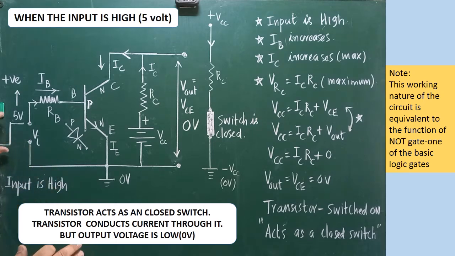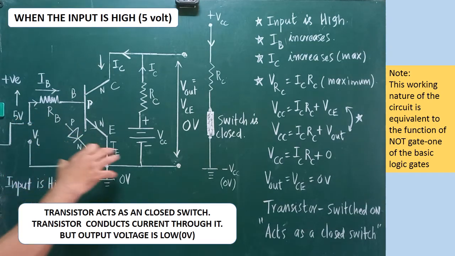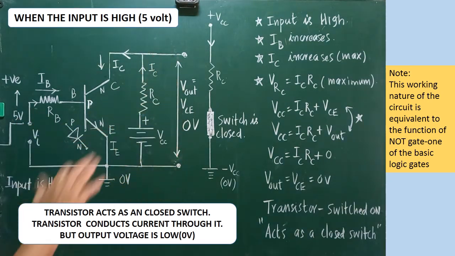The input voltage must be given with the help of a pulse wave generator. The pulse wave generator is capable of generating both low and high voltage alternatively. That is fed in the form of pulses. Sometimes 0 volt, 5 volt, 0 volt, 5 volt, low, high, low, high. Alternatively, the input voltage will vary. According to the nature of the input voltage, the output voltage can be obtained.